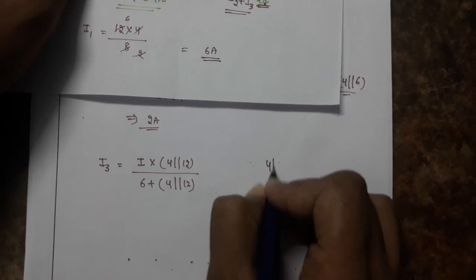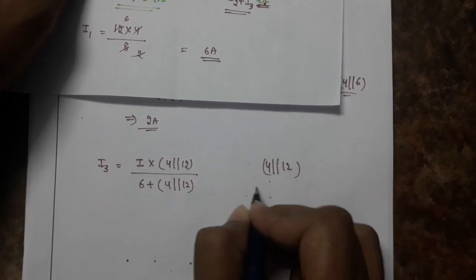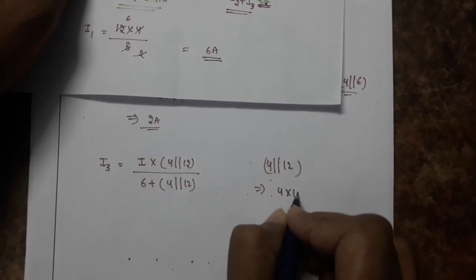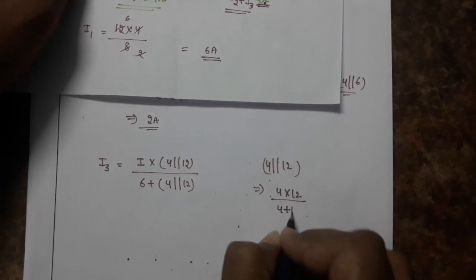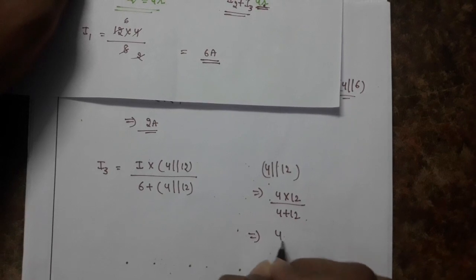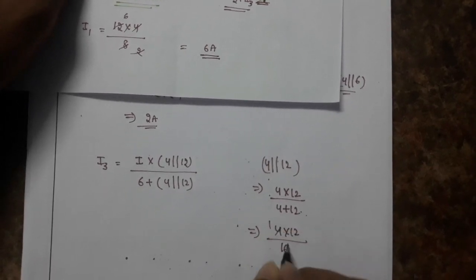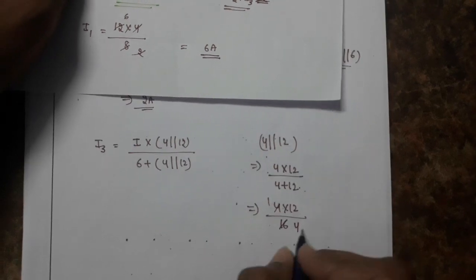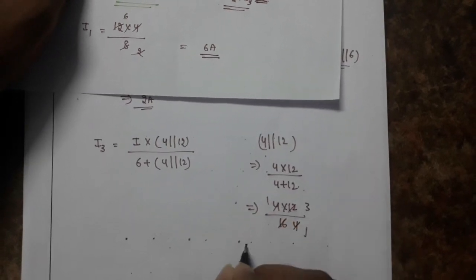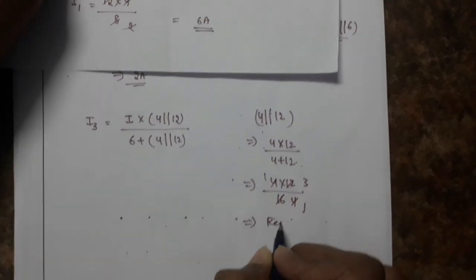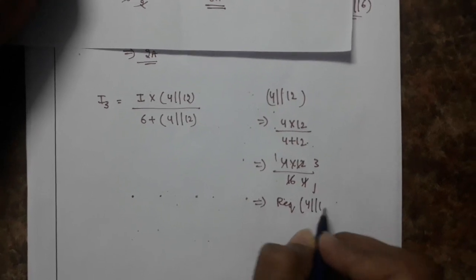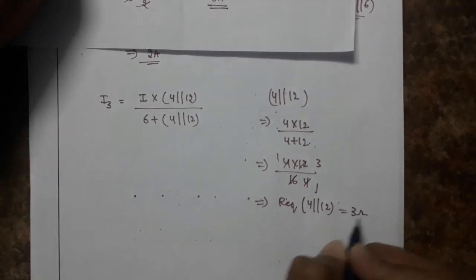As 4 and 12 are in parallel, R equivalent equals 4 into 12 by 4 plus 12. 4 into 12 is 48, and 4 plus 12 is 16. 48 divided by 16 is 3. Therefore, R equivalent of 4 and 12 is 3 ohms.